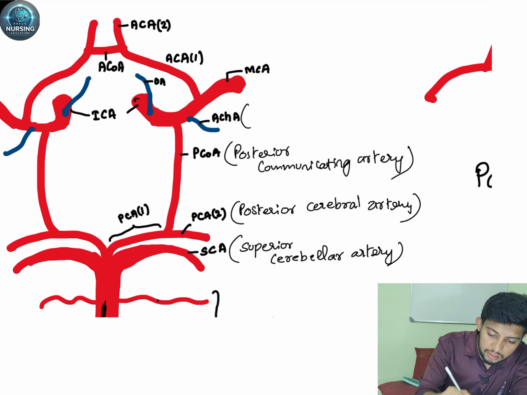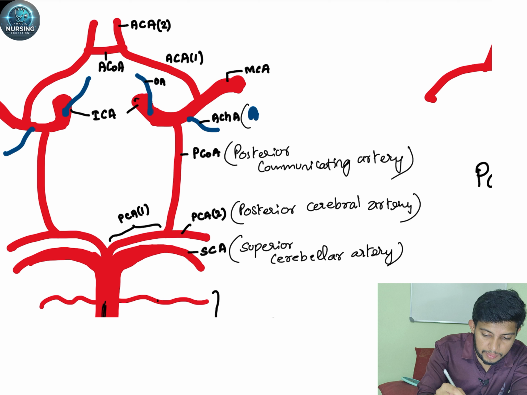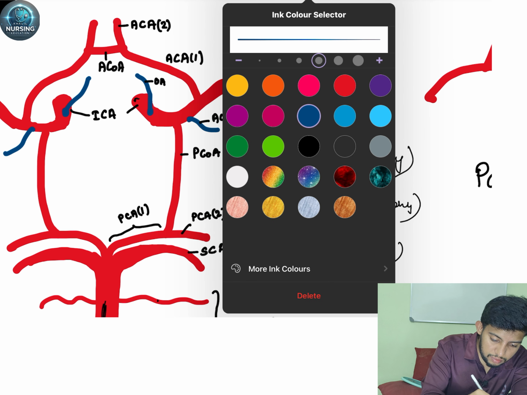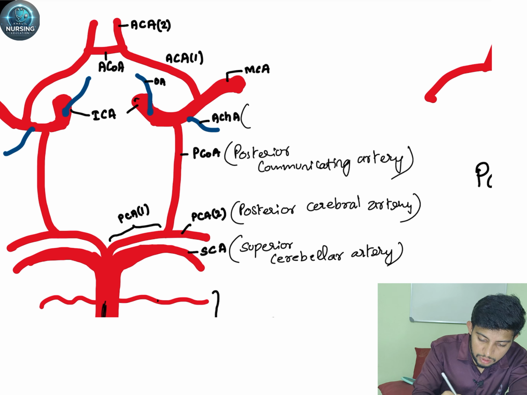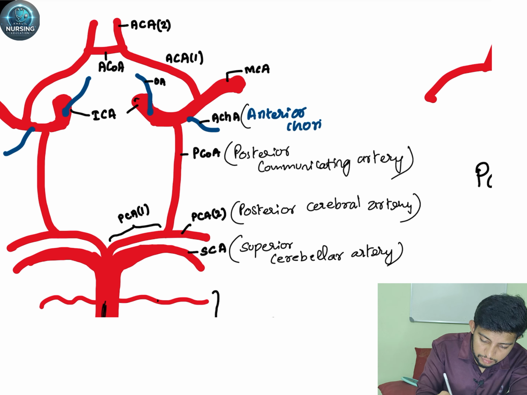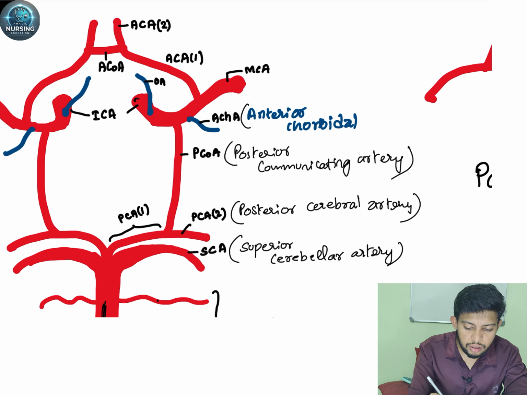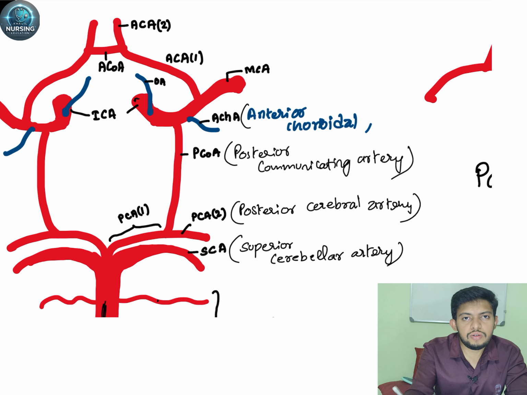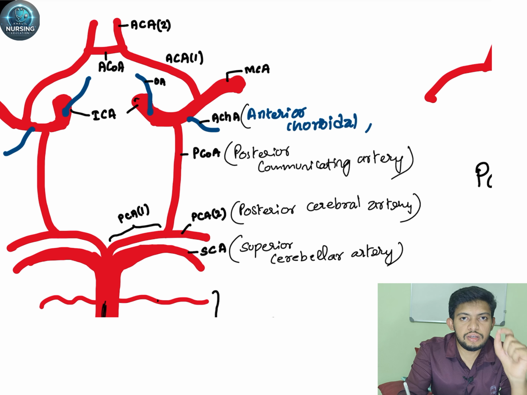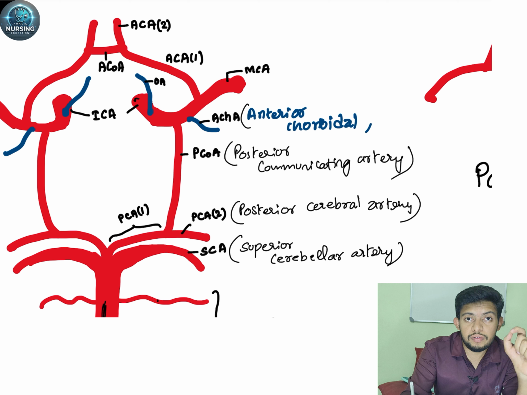This one does not belong to the circle of Willis, but it belongs to the brain circulation. Clear? Okay. Anterior choroidal artery. Okay, so why is it anterior choroidal artery? Anterior choroidal artery gives to the choroid plexus of the lateral ventricles.